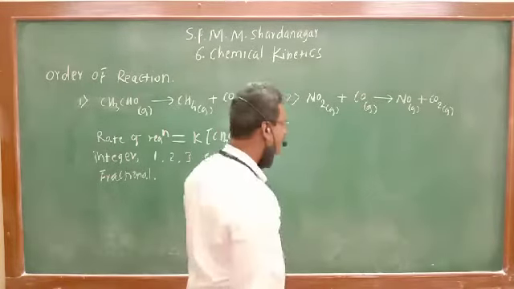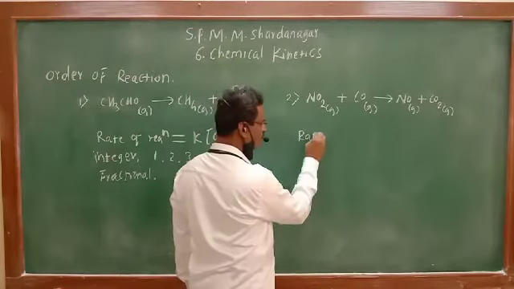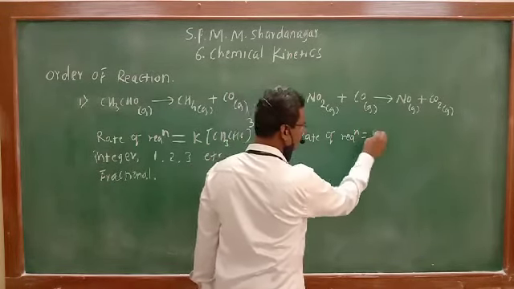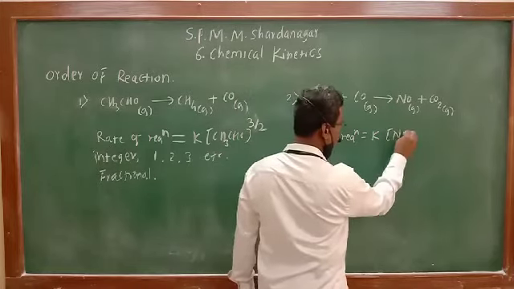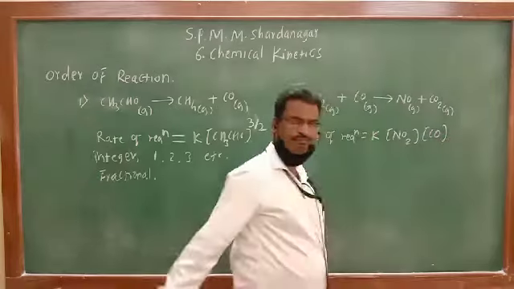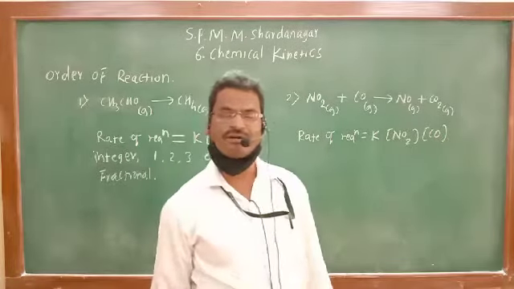Again, as per the general impression, what is the rate of reaction we are writing? Rate of reaction will be equal to K into concentration of NO2 into concentration of CO. This is our general impression.